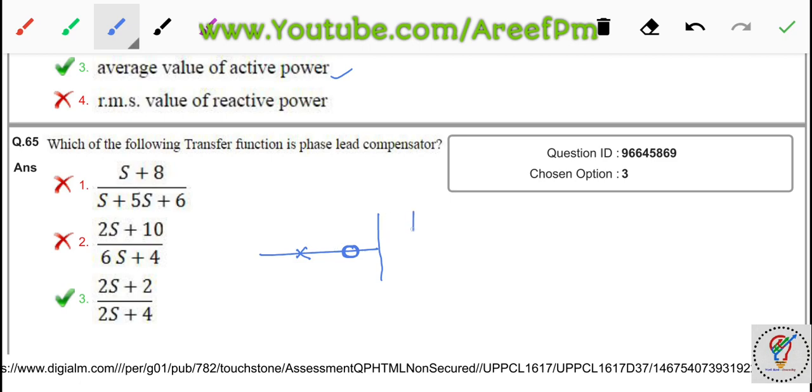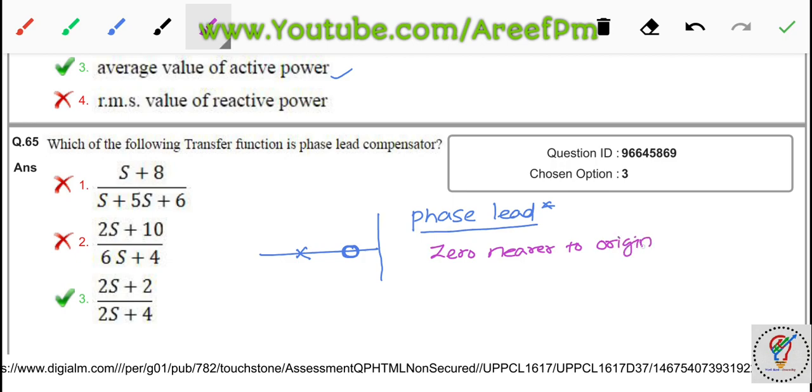So for phase lead, the important point you should keep in mind is the zero nearer to the origin. Among the options here, I am directly going for the answer. If you want, you can cross check the other options also.